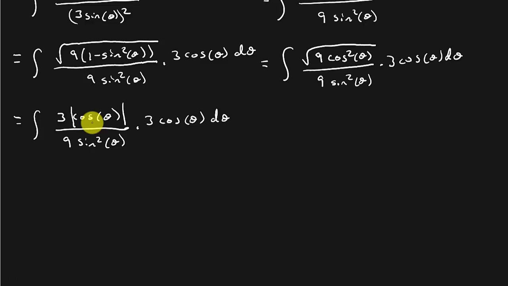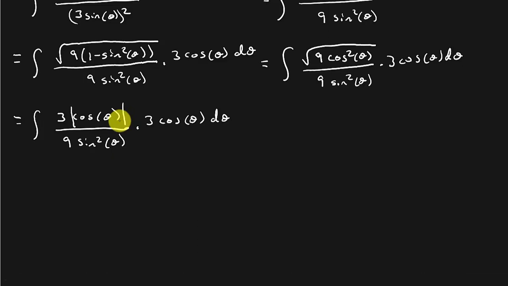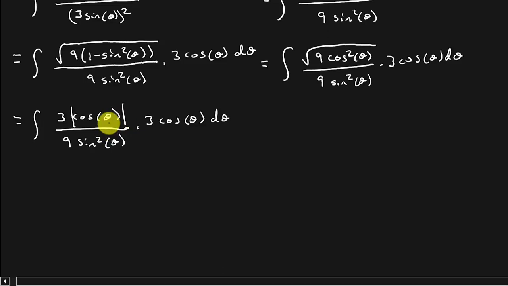Like the square root of 9 is positive 3. The square root of 16 is positive 4. So we have to put this in absolute value to show that we're taking the positive answer. Well, we can rewrite this as the integral.